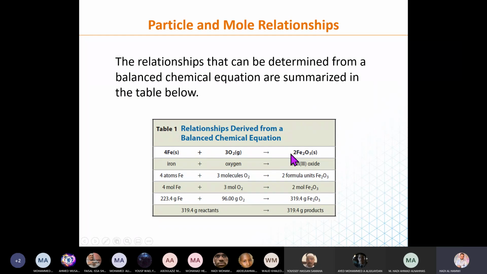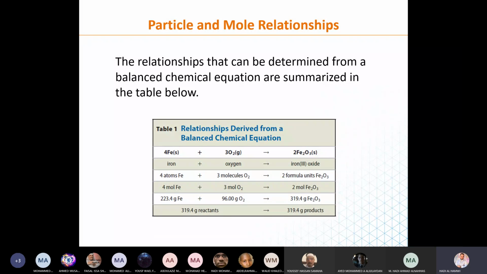Okay, first of all, let's practice some balancing, because if you want to derive the relationship between the substances found in this chemical equation, you need to balance the chemical equation first. Why?